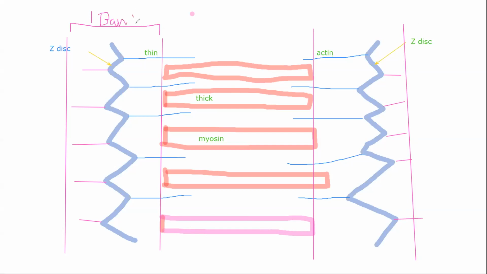Should have typed it out. And then from here to here is an A band. And then from here to here, I'm going to type that, is a sarcomere.